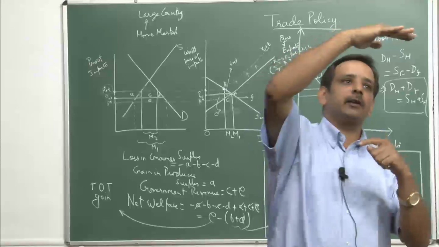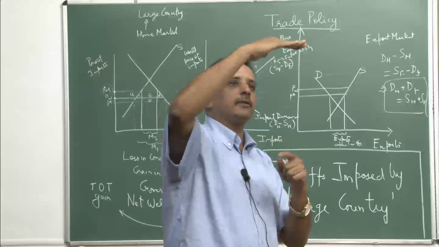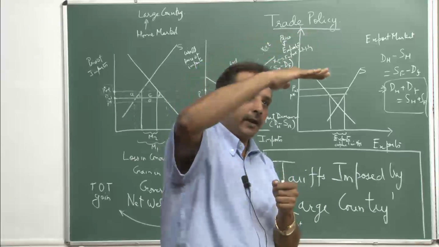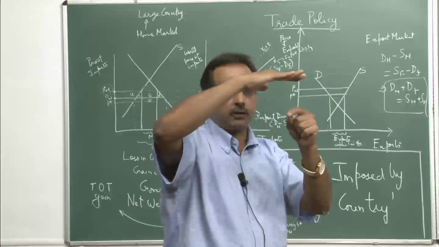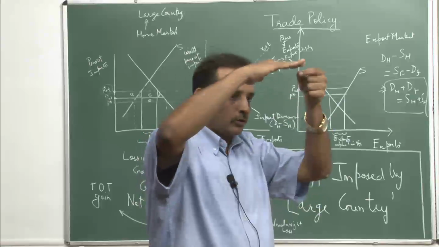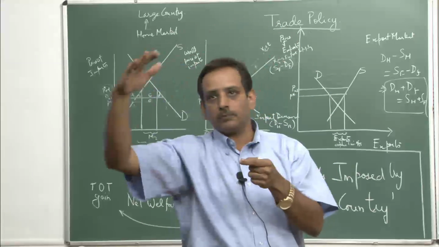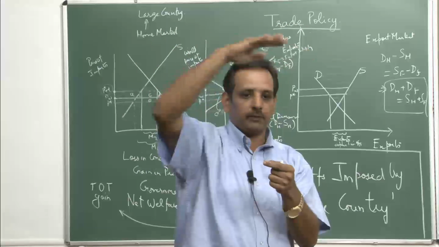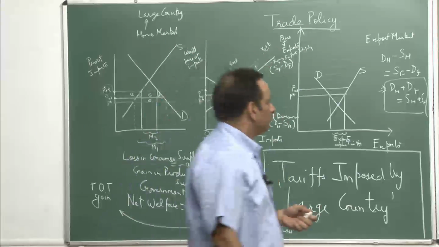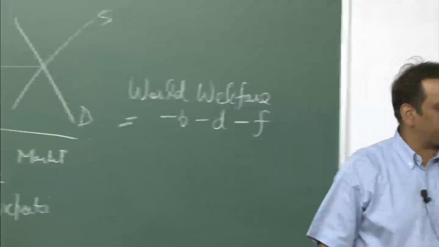Ceiling rates are defined for different tariff lines. It wants this ceiling rate to come down, it does not talk about actual tariffs. So, a lot of people have the wrong perception that WTO talks of reducing the actual tariffs, it talks of reducing this ceiling level of tariffs. Okay, so this is about tariffs.